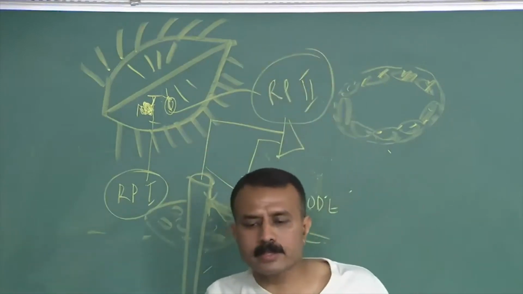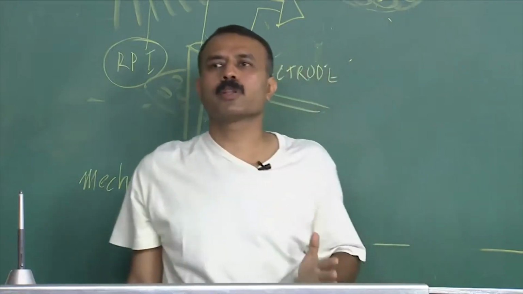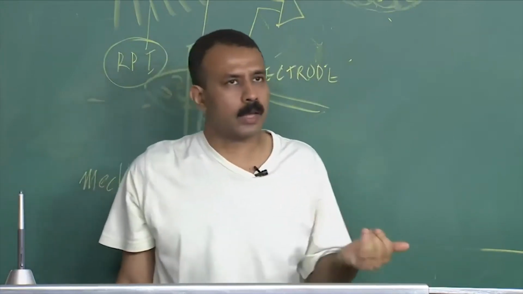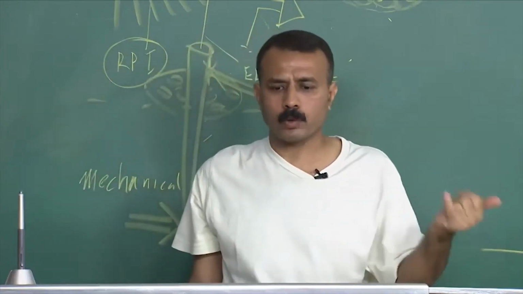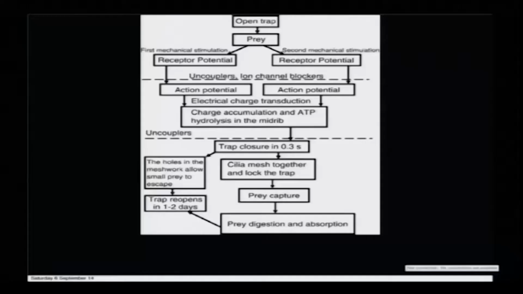This is exactly the same thing that happens when light falls on your rods and cones, or the sound wave hits upon the hair cells of the ear. Okay. It's the same thing. So, there is a change in the receptor potentials followed by uncouplers or ion channel blockers. They get activated, and as soon as those ion channel blockers get activated, this leads to two different action potentials.